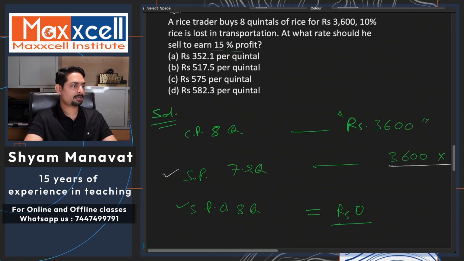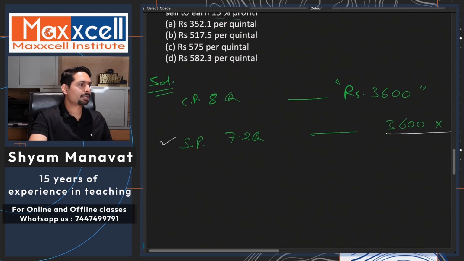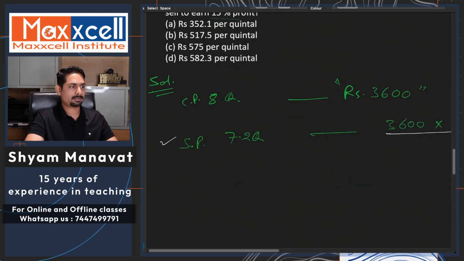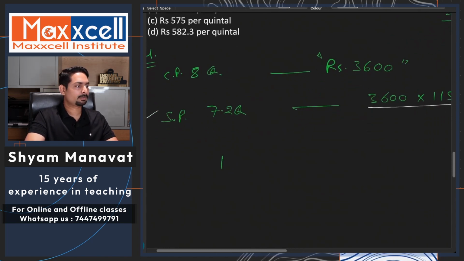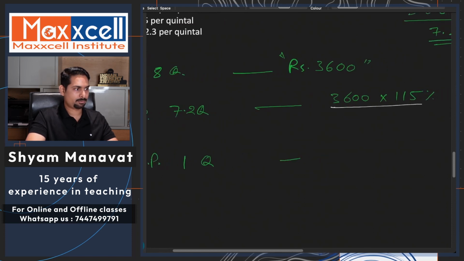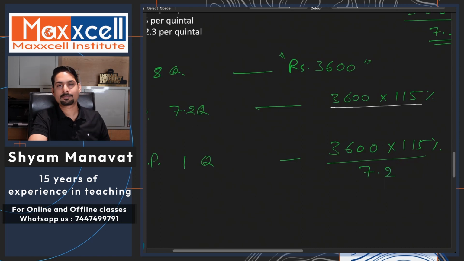So we need to find the selling price of 1 quintal, correct? If 7.2 quintals are sold at this selling price, then at what price will 1 quintal be sold? This is what we need to find. How do you calculate? 3,600 into 115% by 7.2.